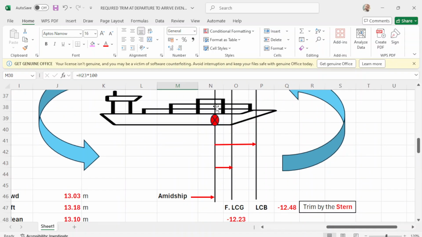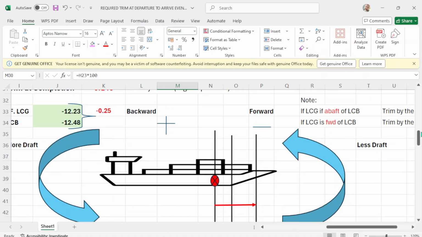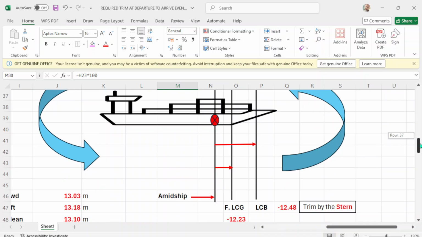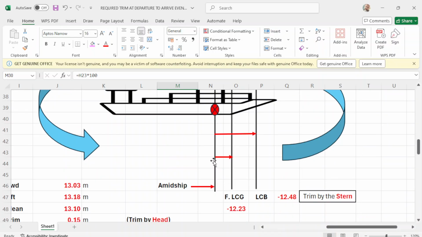If this is your amidship, your LCG is negative 12.23. So from amidship, you measure forward. It is forward because forward is negative. So from your amidship, you measure 12.23, and this will be your final LCG.